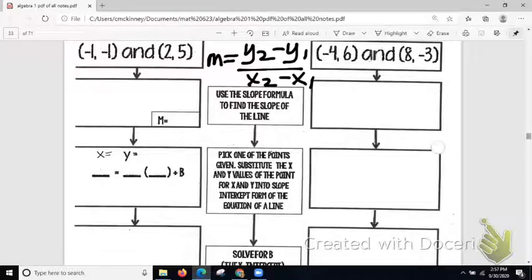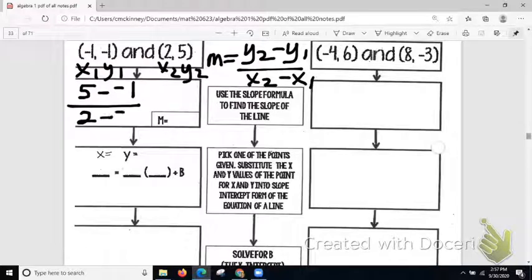So this is x1, y1. This is x2, y2. So I'm going to say 5 subtract negative 1. Remember the minus in the middle is part of the formula. And on the bottom, 2 subtract negative 1.